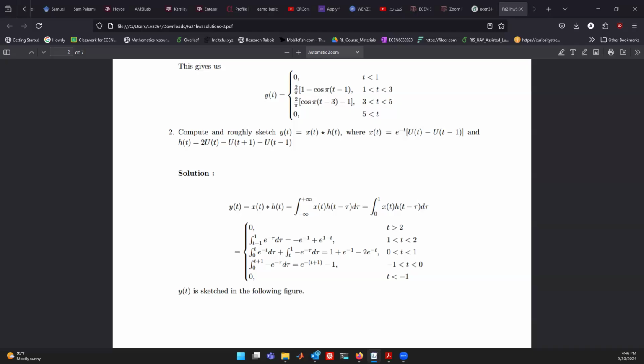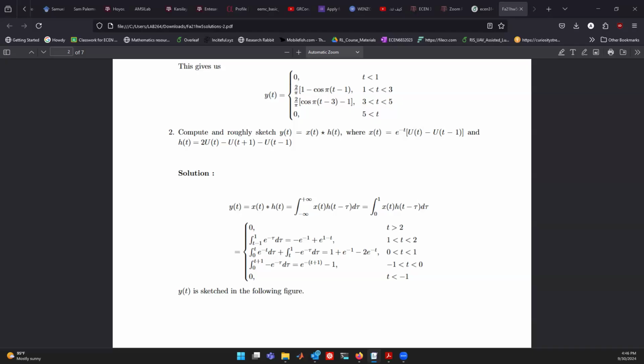So 2u(t): at 0 this will be 2, and then will remain 2 until t goes to infinity.